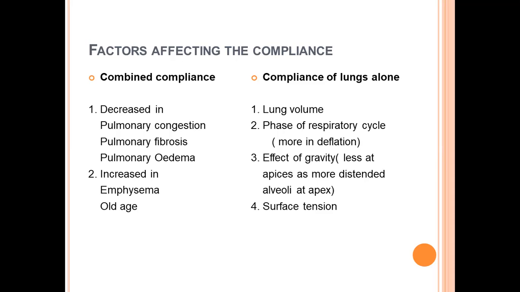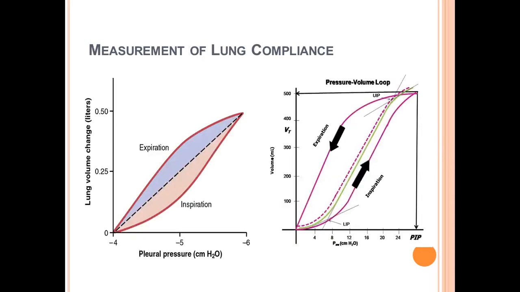So they are more aerated, and due to that the compliance at the apex is, sorry, less due to the effect of gravity. Then a very important factor which affects the compliance is surface tension. So these are, in summary, the factors which affect the lung compliance.